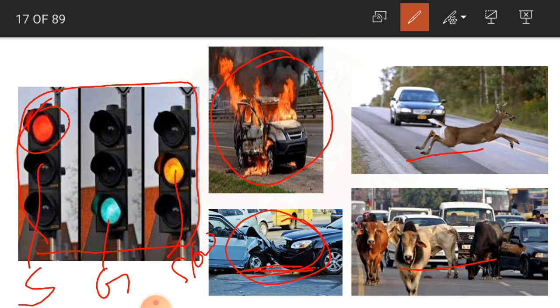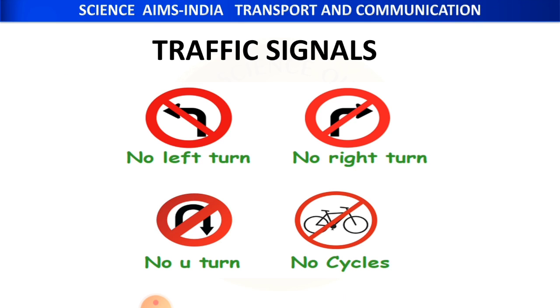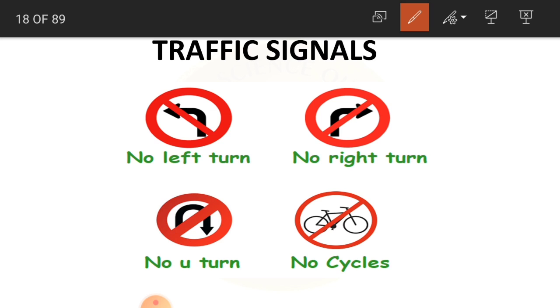These are the traffic lights, children. You will have these lights near the traffic signals. Clear, children? Now you have some more traffic signals here. If you have this signal, it means you should not turn left, no left turn. You might have seen these signals especially at the beginning of the street, or somewhere in between the road.